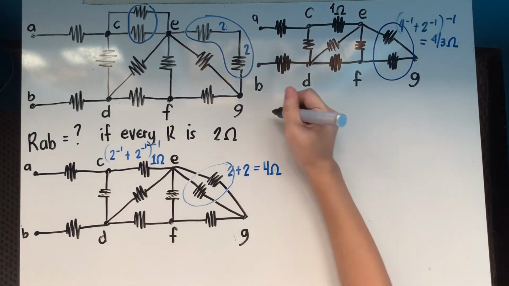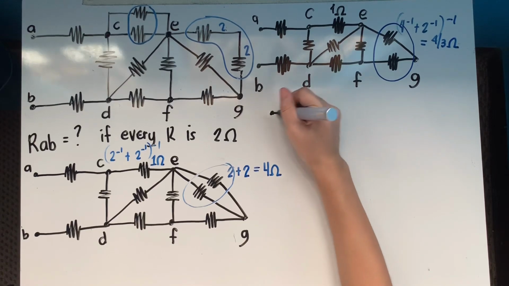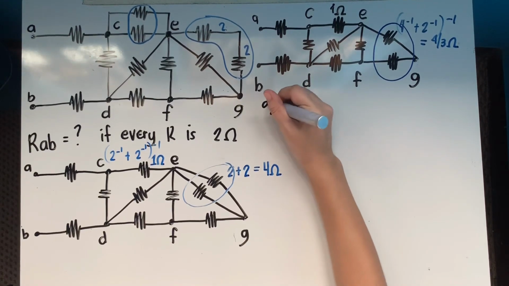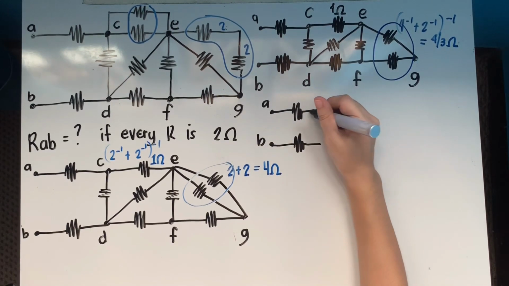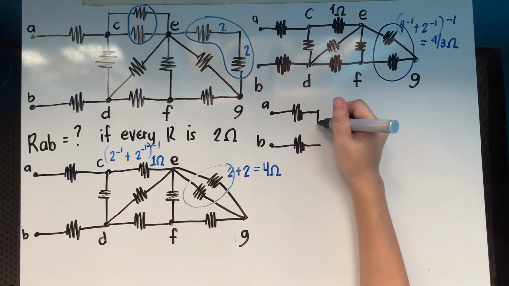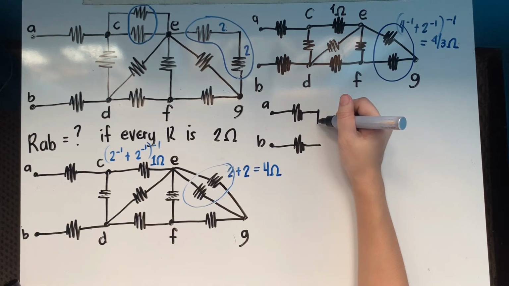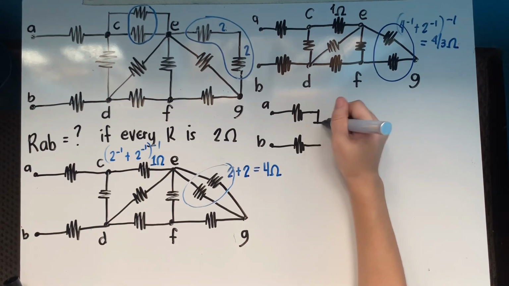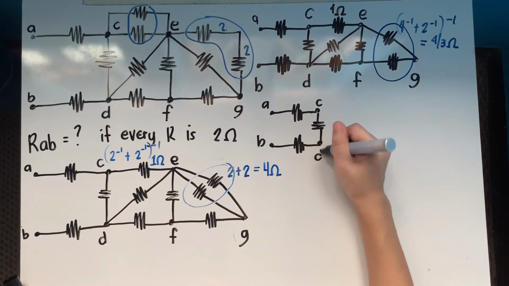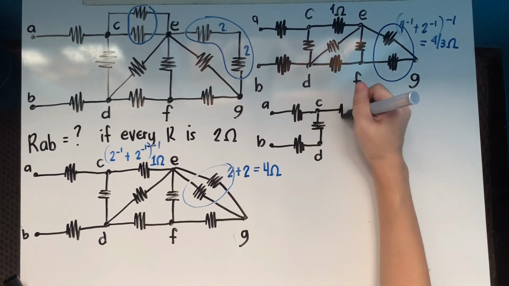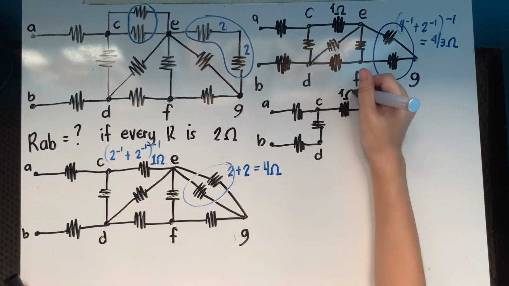Let's redraw the circuit. We have, okay, terminal A, terminal B, and then we have this resistor between C and D. Hindi nagbago. Wala pang nagbabago sa side na to. 1 ohm.